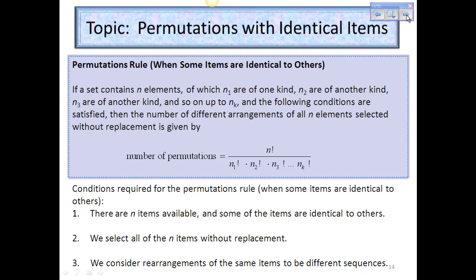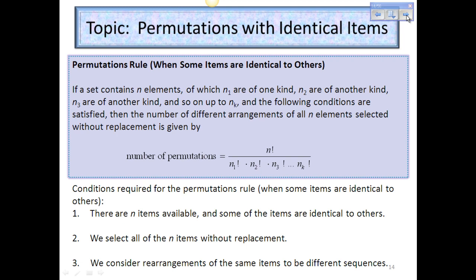Now, we previously talked about working a problem that was a permutation problem, but it was a permutation where we were arranging items that were all different. Now we are going to arrange items when some items are identical to others, and for that we have a new rule.